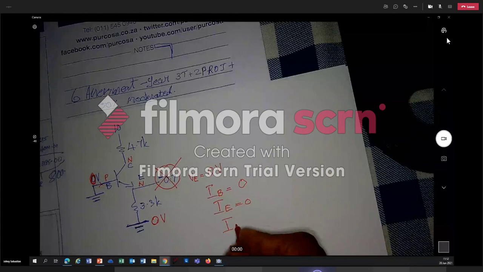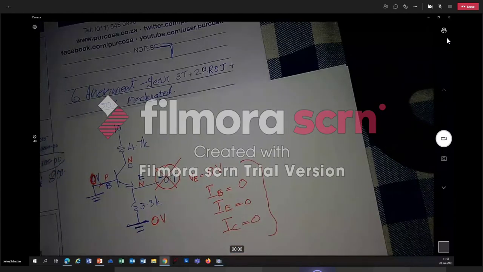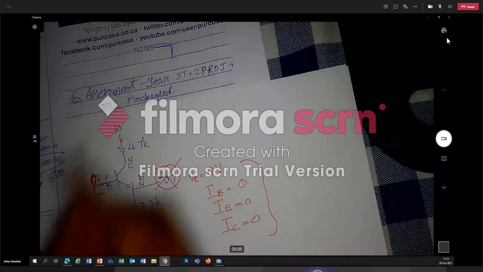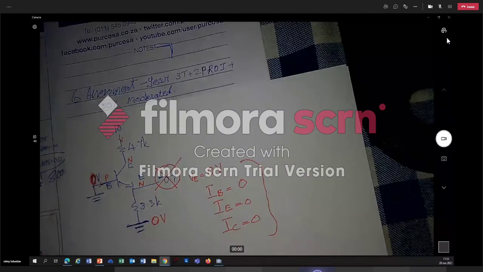And in this case, what is your VCE? Collector current is 0. Voltage at the collector is the same as VCC. Voltage at the emitter is 0. So your VCE is the same as VCC.